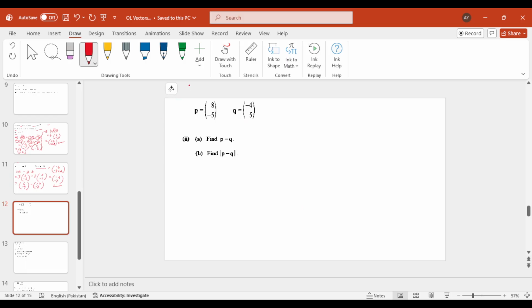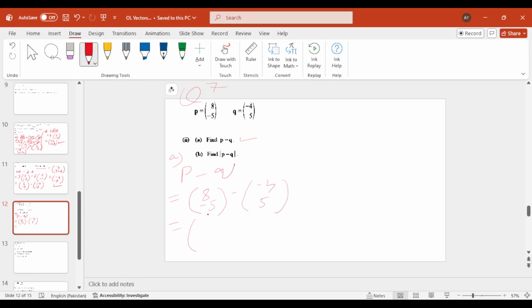And this is question number 7. It says vector P is equal to (8, -5) and Q is equal to (-4, 5). We have to find vector P minus Q. Here vector P is (8, -5) minus vector Q, (-4, 5).